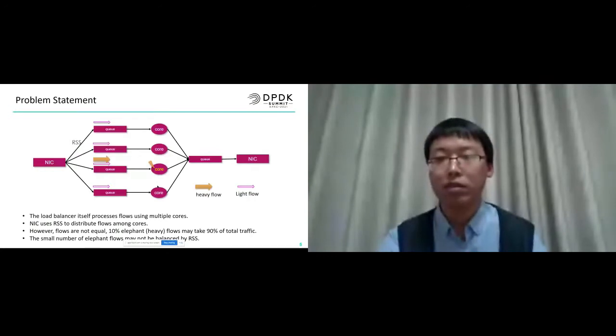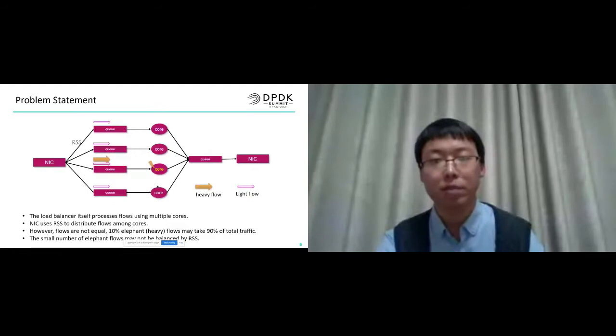So a small number of the elephant flows may not be balanced by the RSS. In this figure, we can see that the worker core 3, which I have marked in yellow, is overloaded, and life is too hard for him, fighting with the elephant.